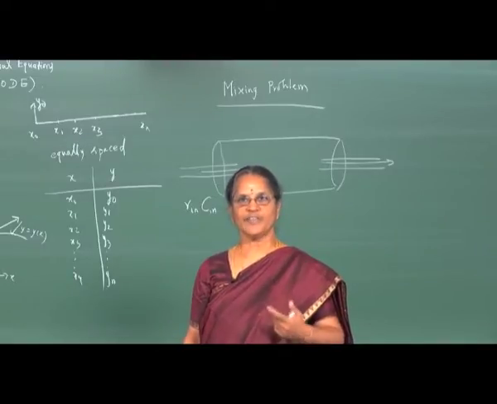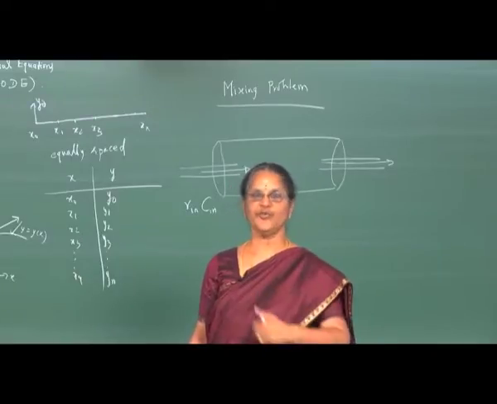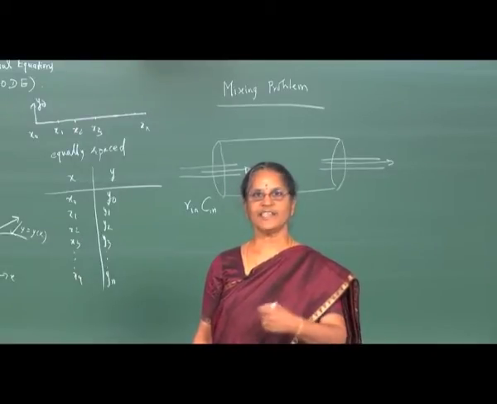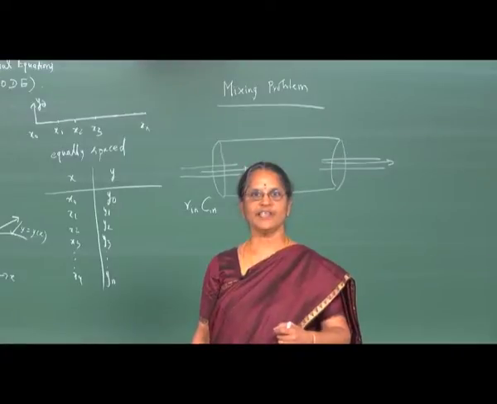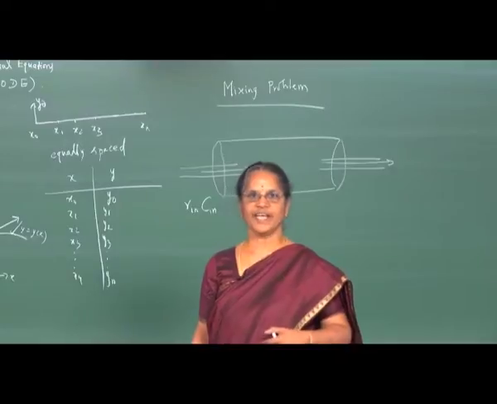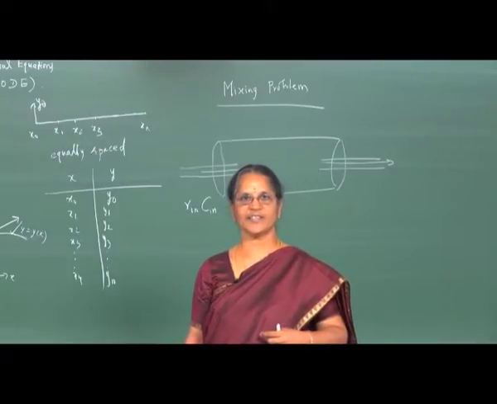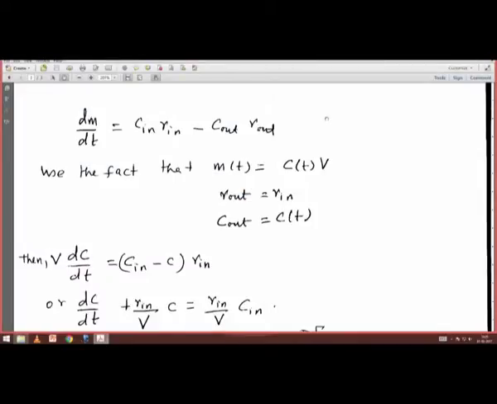We use the fact that m of t is C of t into V, R out is R in, and C out is denoted by C of t. So, when we use that, we get V into dC by dt, V is constant. So, d by dt of m, where m is C of t into V, will give us V into dC by dt, and that will be equal to (C in minus C) multiplied by R in.